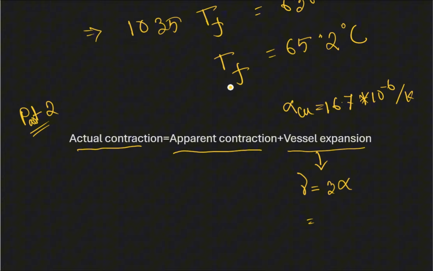So we know the vessel expansion, the volume gamma is equals to 3 alpha. So let's calculate the value by multiplying with the 3. So we have the value of 50.1 into 10 to the power minus 6 per Kelvin.